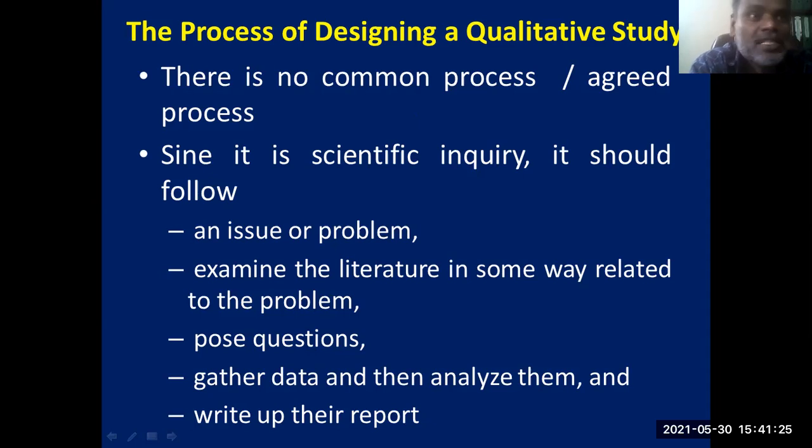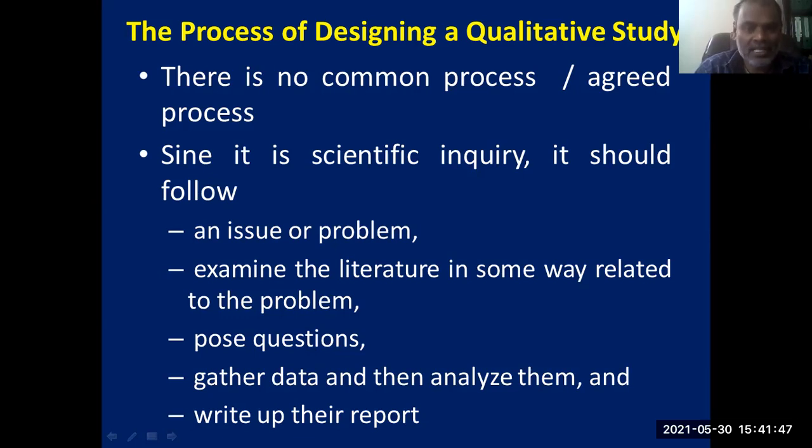I can change it. That is why the qualitative study is more flexible according to the needs of the researcher as well as the field reality. So it's widely accepted. There is no common or agreed process available, but it can be flexible to start from anywhere.